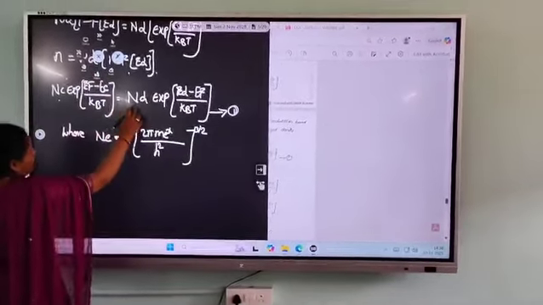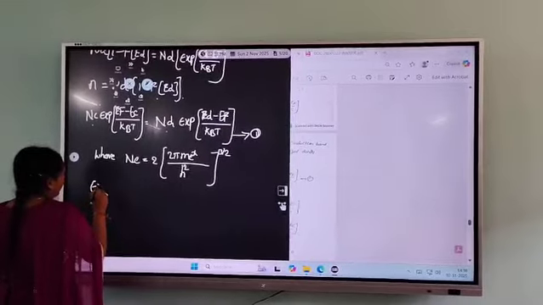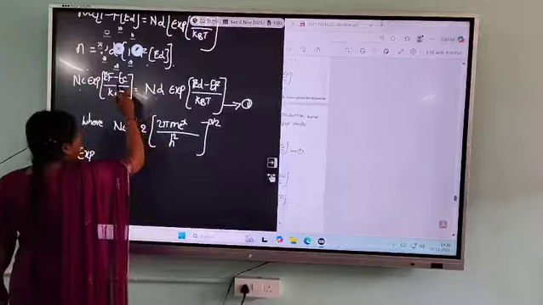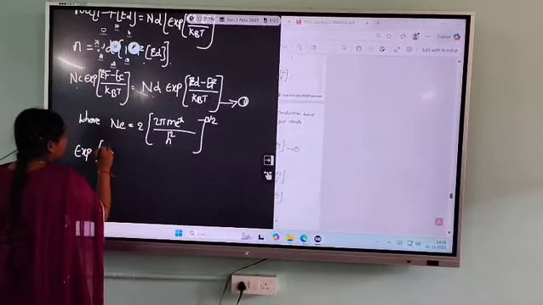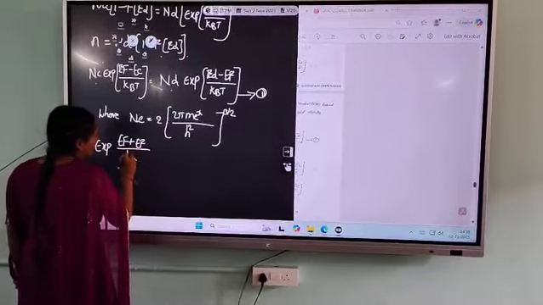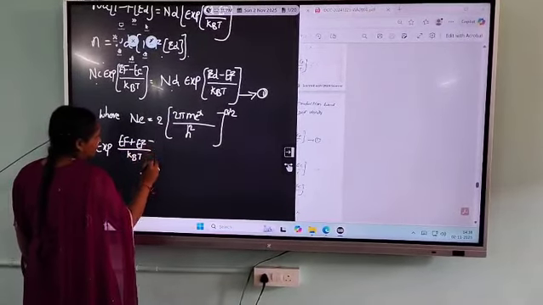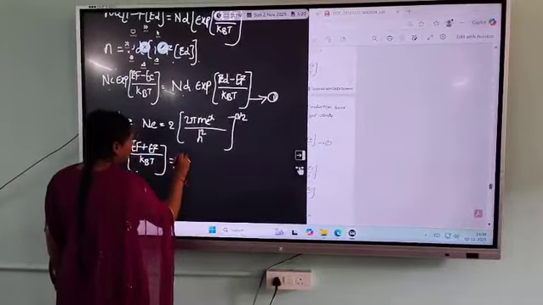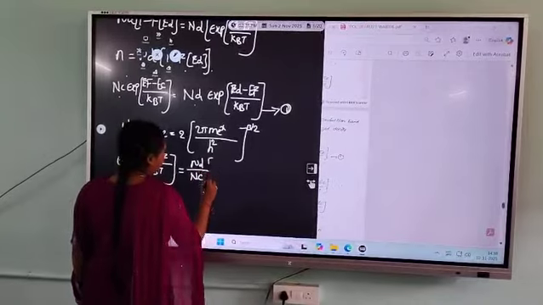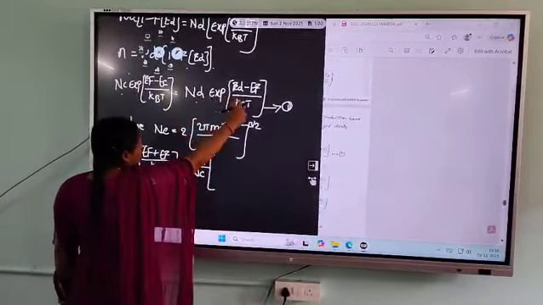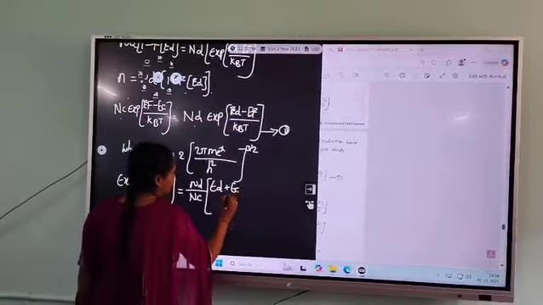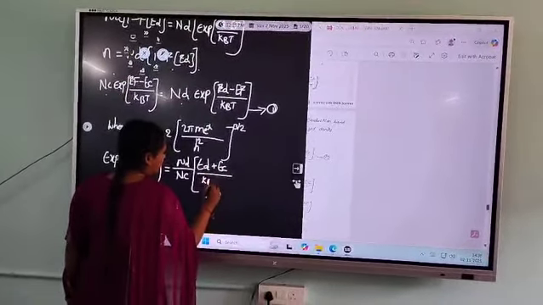Next, Nc divided by this equation: the exponential of minus Ef comes to the left side, Ef plus Ef by kBT equals Nd by Nc, and minus Ec comes to the right side, Ed plus Ec by kBT.